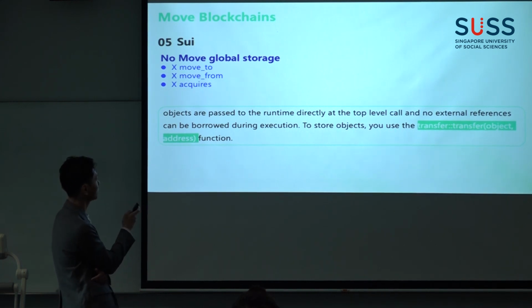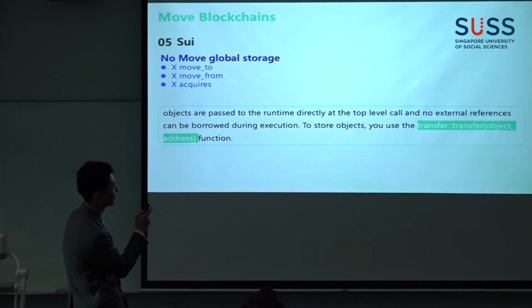There's no move to, there's no move from, and there's no acquires in Sui anymore. We are just passing objects at runtime, and no external references can be borrowed during execution. To store objects, you use the transfer module to transfer the object to the address.